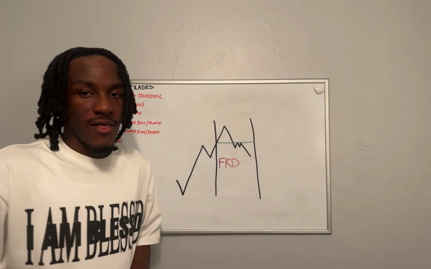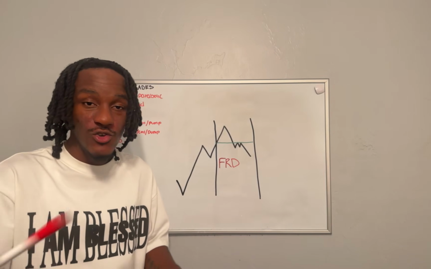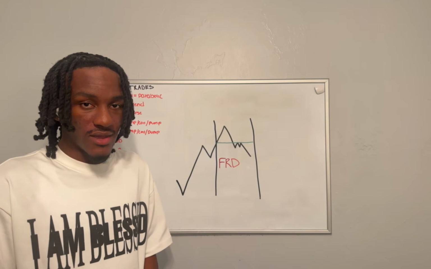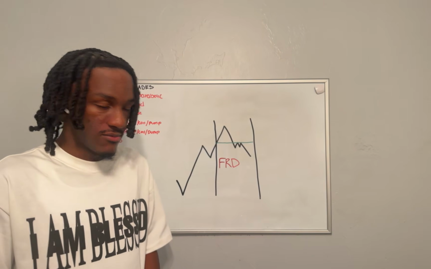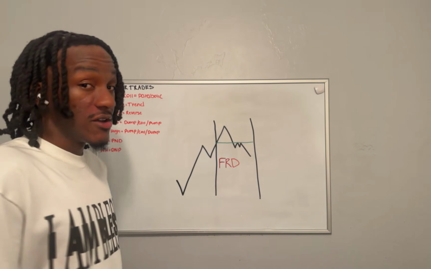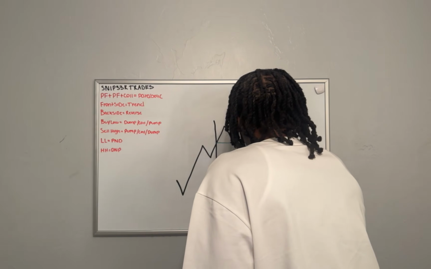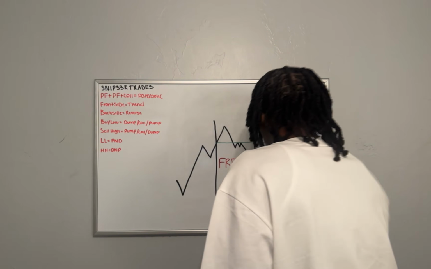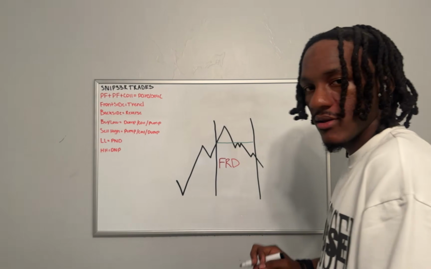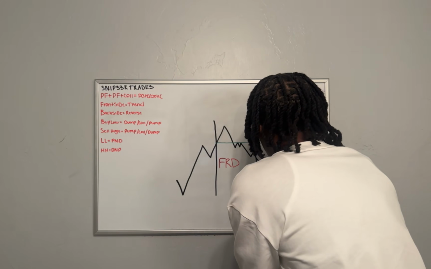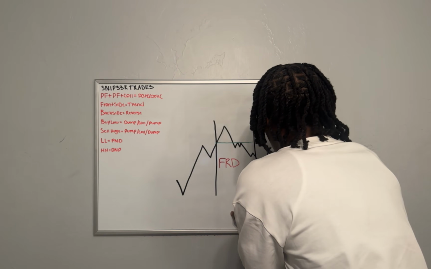Now, I'm going to give you two scenarios that set up after first red day. One of them is actually the peak formation low in Asia. Step one. Step two, peak formation high in London.